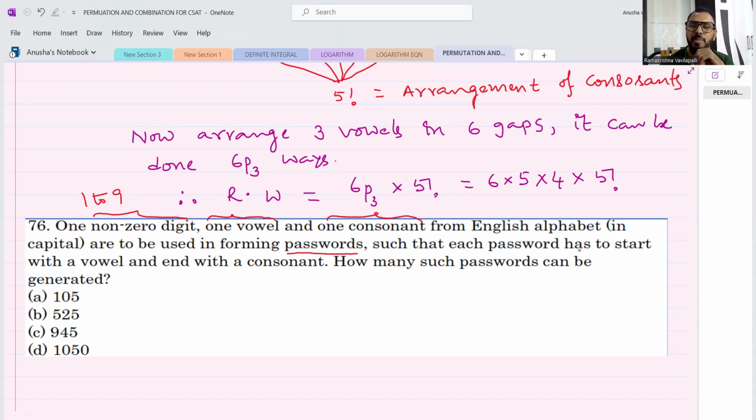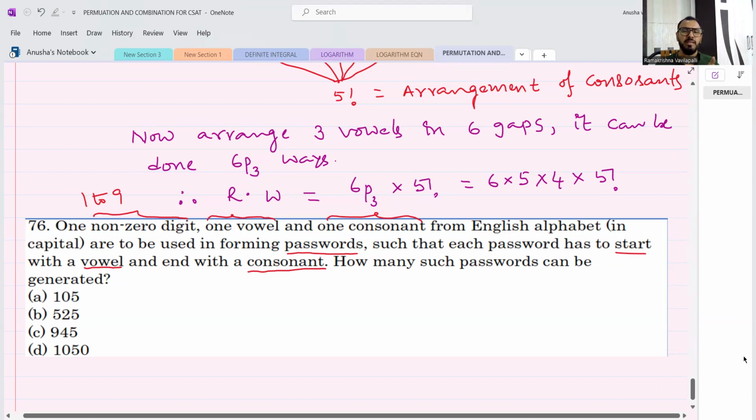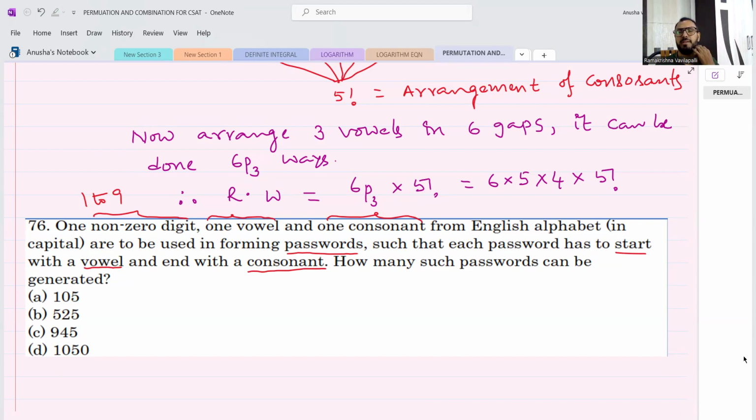such that each password has to start with a vowel and end with a consonant. All right. So we have to use one non-zero digit, one vowel, and one consonant.